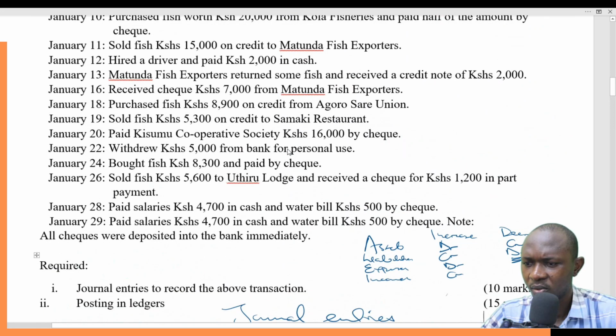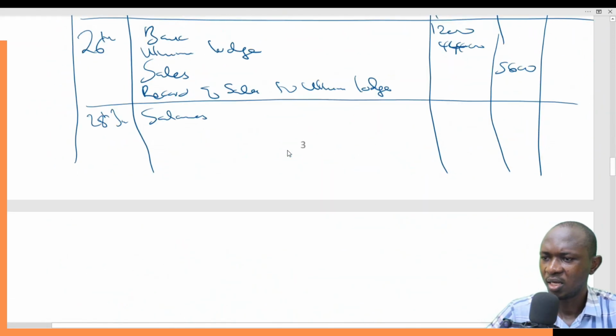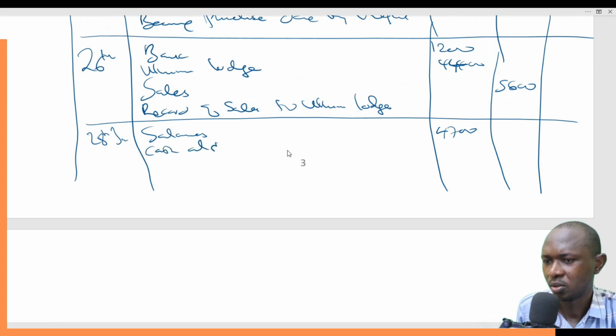So salaries 4,700 in cash, cash account 4,700. Remember what we said, you have to start with the debit side. So this is a cash payment of salaries, and then you close that account.